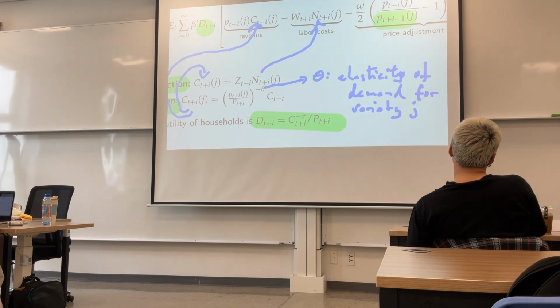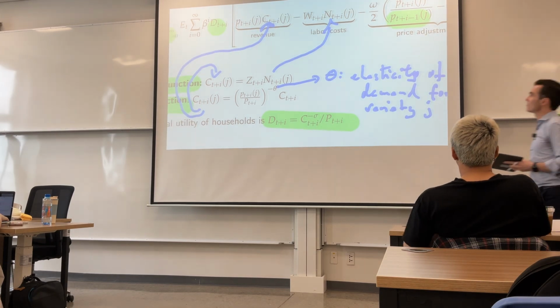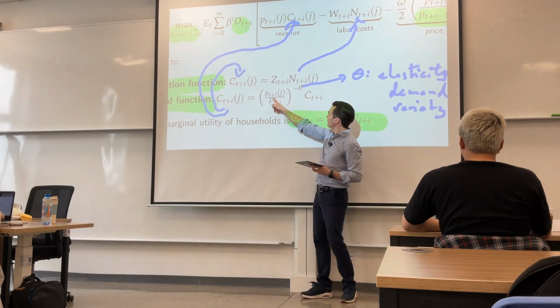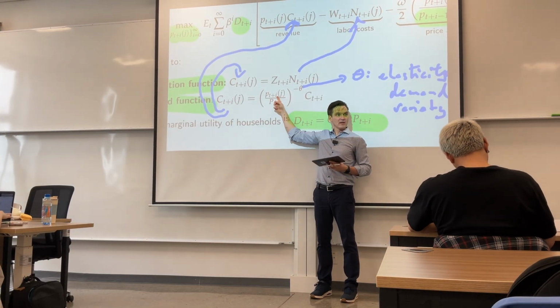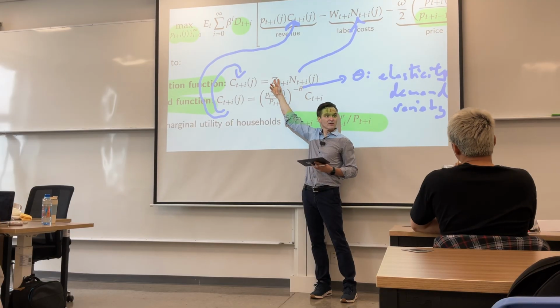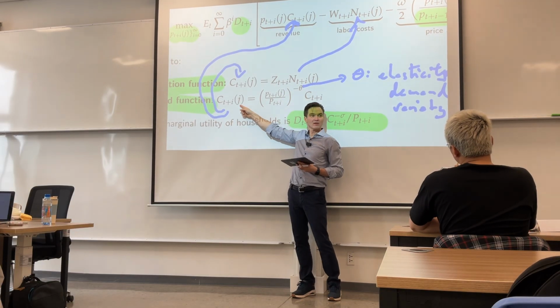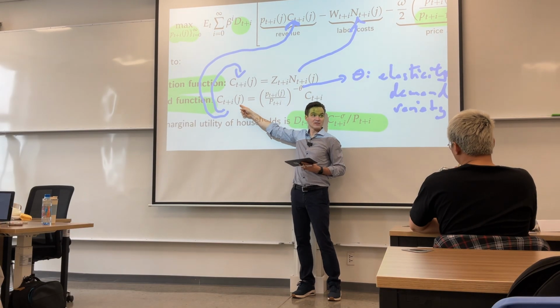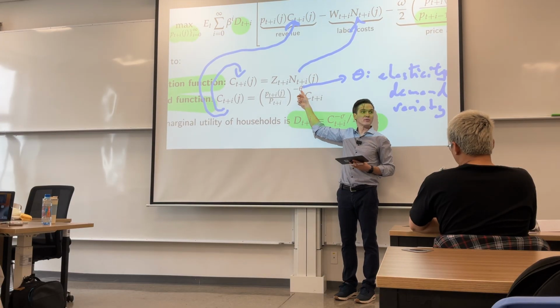That's how you think about that. Okay? So literally looking at that equation, if the price of a variety goes up by 1%, the quantity by which this variety is demanded goes down by theta percent.